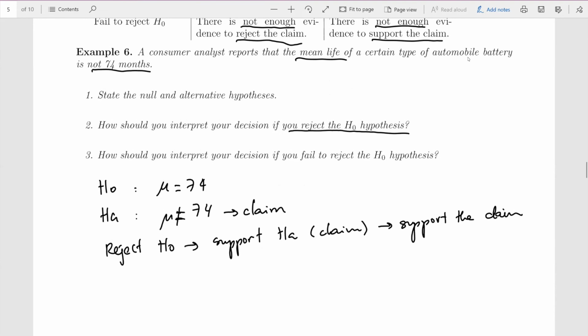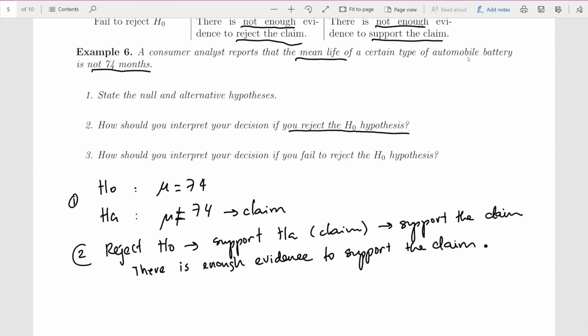You can say that there is enough evidence to support the claim that the mean life of a certain type of automobile battery is not 74 months. So that's the claim. Okay, so this is 1, this is 2.